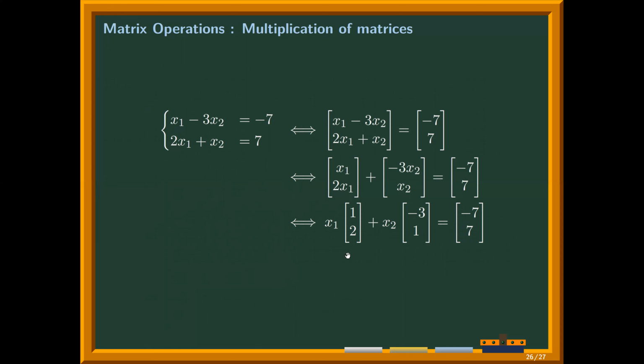In fact, we can simplify further this left-hand side of the equation. You can write it as a matrix product, wherein the right-hand factor is a 2-vector consisting of the variables x1, x2, and the left-hand factor is a 2 by 2 matrix consisting of the coefficients in the linear system: 1, negative 3, 2, 1.